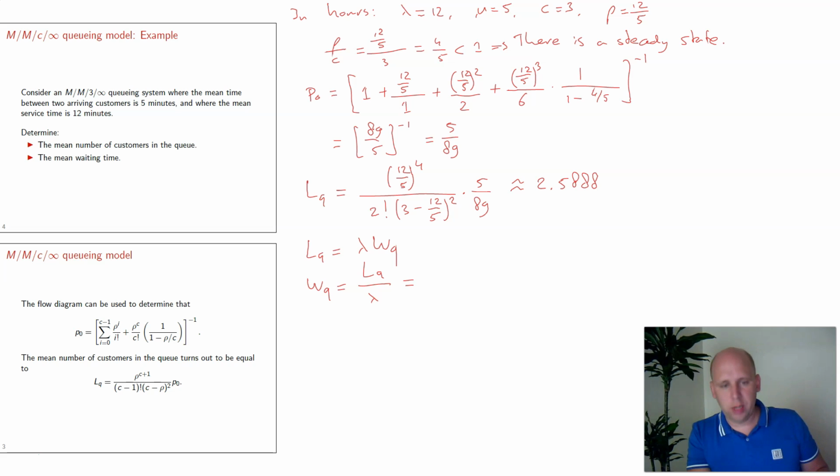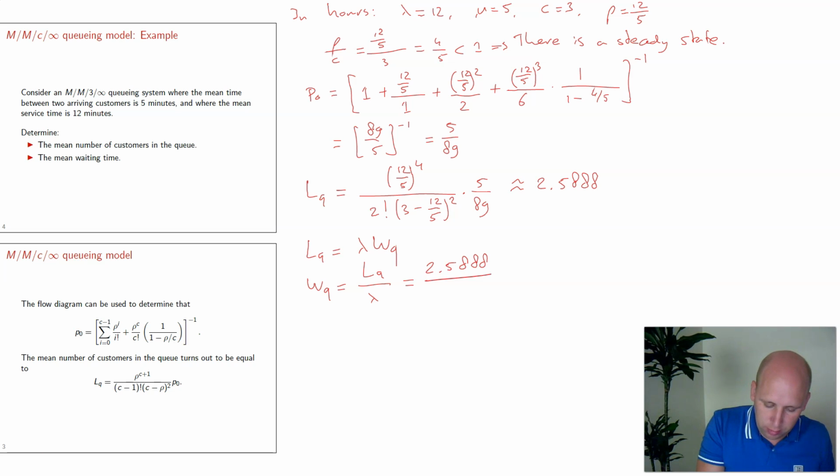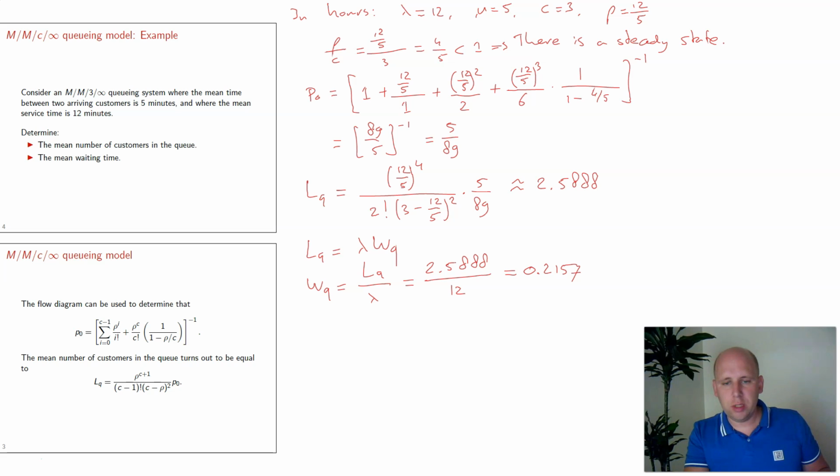So to calculate WQ, we divide LQ, 2.5888, by 12, and then we get approximately 0.2157. Here we talk about time, because this is the expected time in the queue, so here we talk about hours. This is not very informative, so it's better to transform this to minutes. So this will be 12.9 minutes.